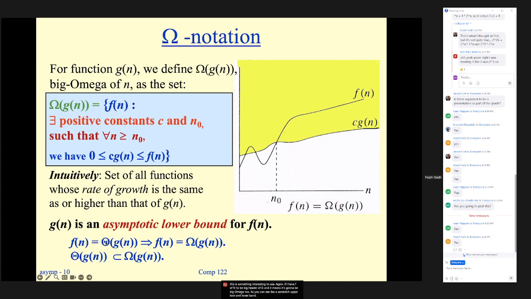It's going to consider both of them. But as I explained earlier, this is one way. If it's theta g of n, it's not going to be true the other way.